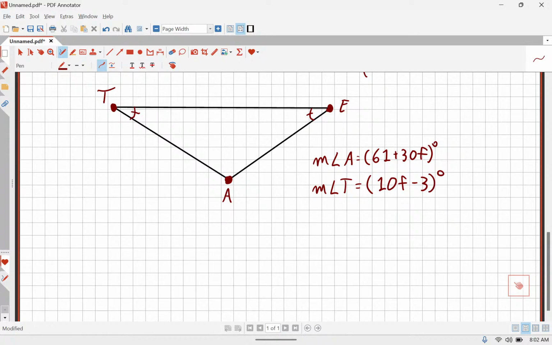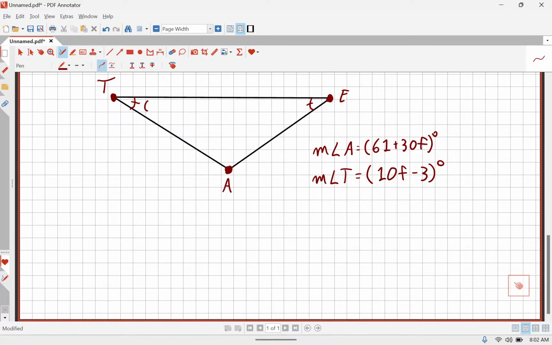I'll label them in here because sometimes when I get this information like this, I find it's really helpful to actually write them inside. Do you guys feel that way sometimes? Makes it look a little nicer, but I want to make sure that we know how to do that because it's not always done for you. And that's 61 plus 30 degrees. All right. Well, what the heck are we going to do about this guy? Teach!